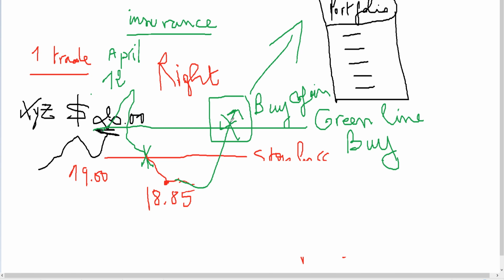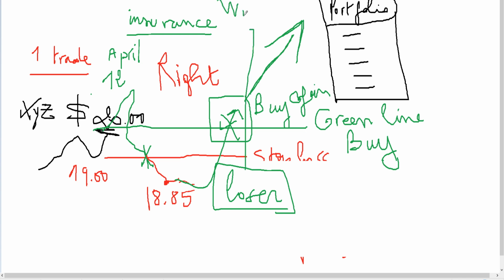Now, if you bought it here again and it goes up again, this stock that was a loser, you make a loser a winner in the future. Okay, you will make a winner in the future.